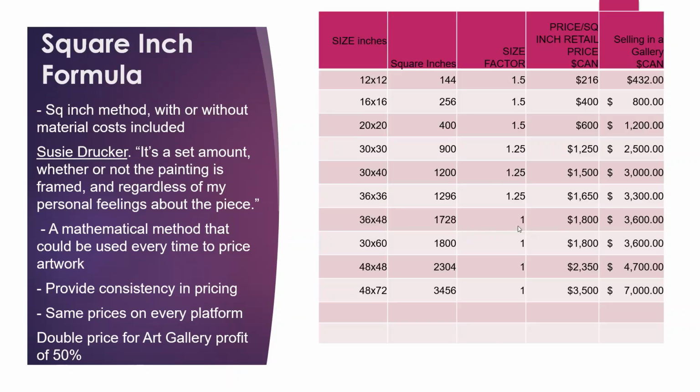You can round this off to a retail price of $1,800. If sold through a gallery, the retail price would be $3,600 to account for the gallery's profit. So these are some examples on the table here of pricing your art using the square inch formula.